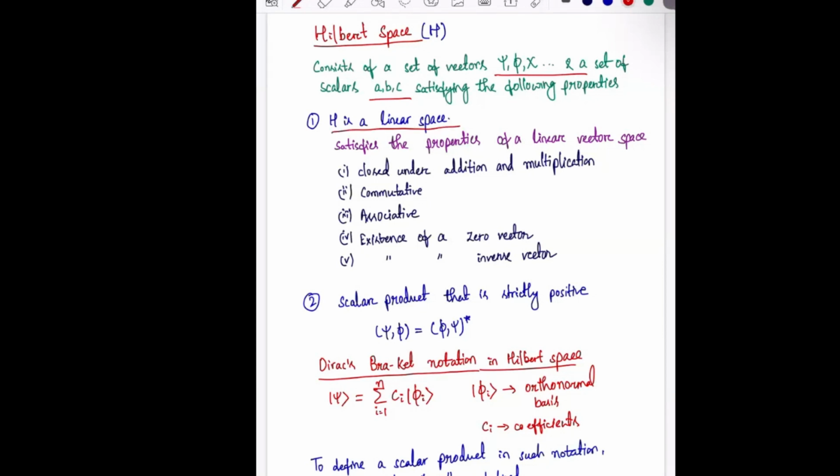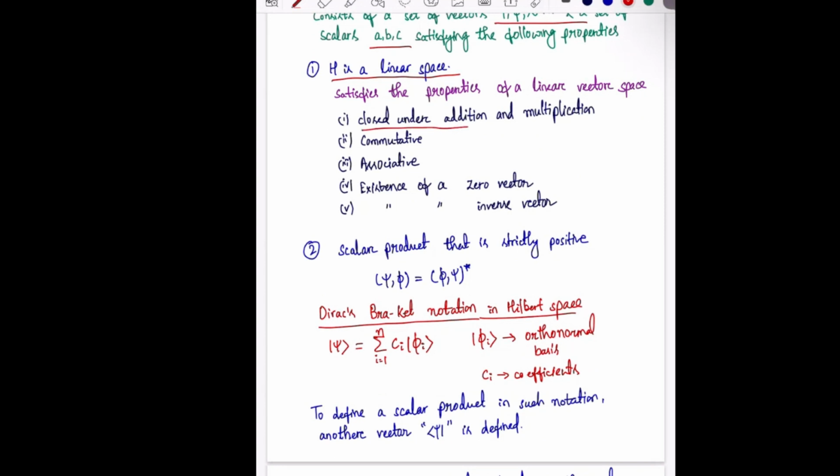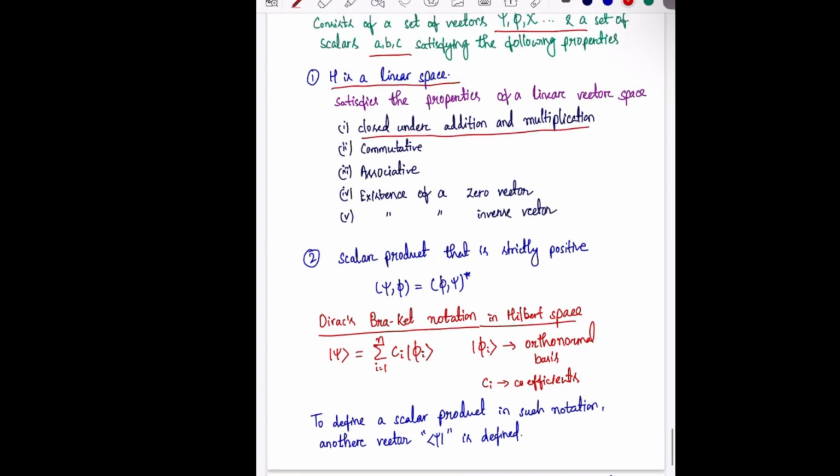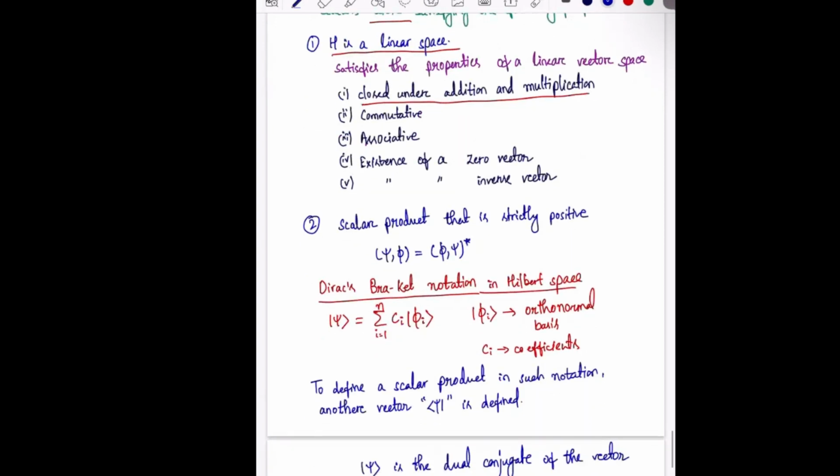So it satisfies the properties that a linear vector space has, like it is closed under addition and multiplication. For example, closed means if psi is an element of a Hilbert space, and phi also belongs to this Hilbert space H, then if we add them, the result is also an element of the Hilbert space.